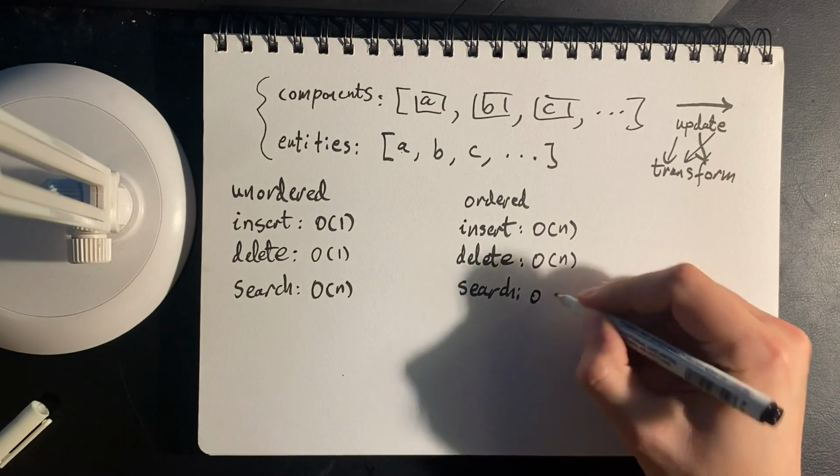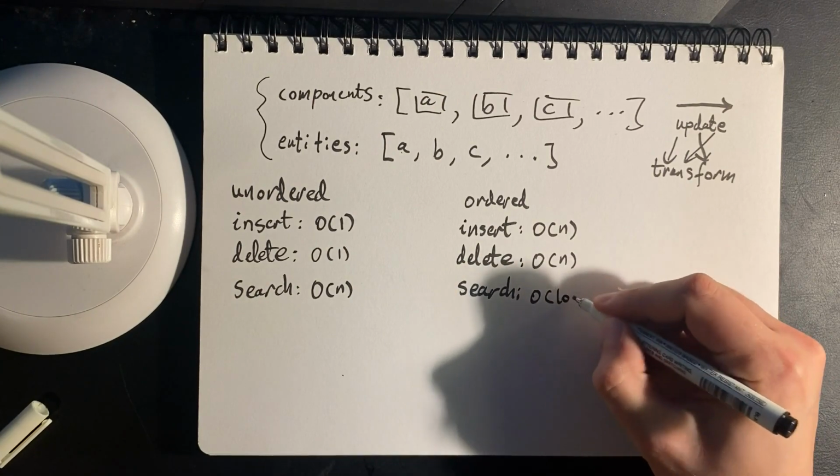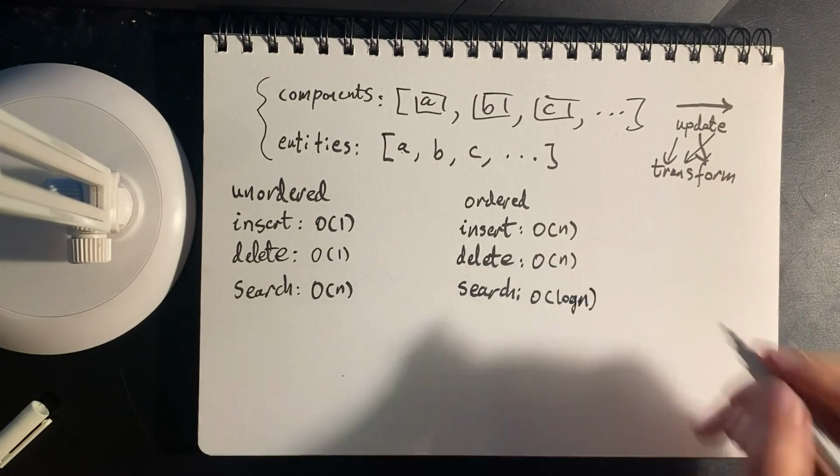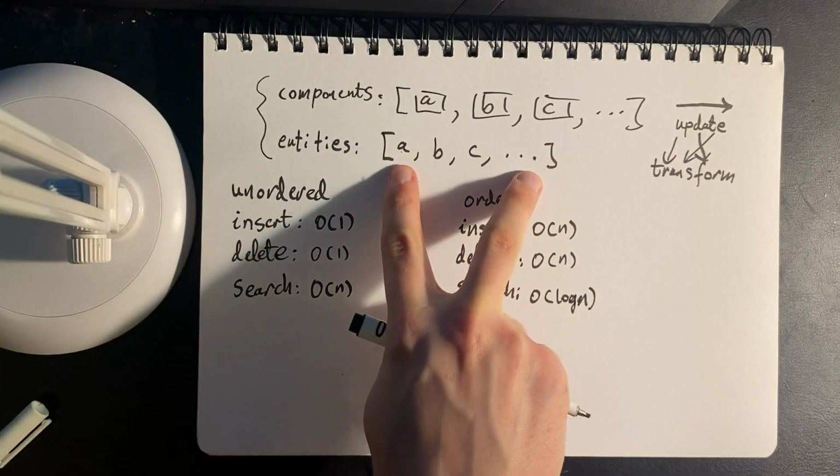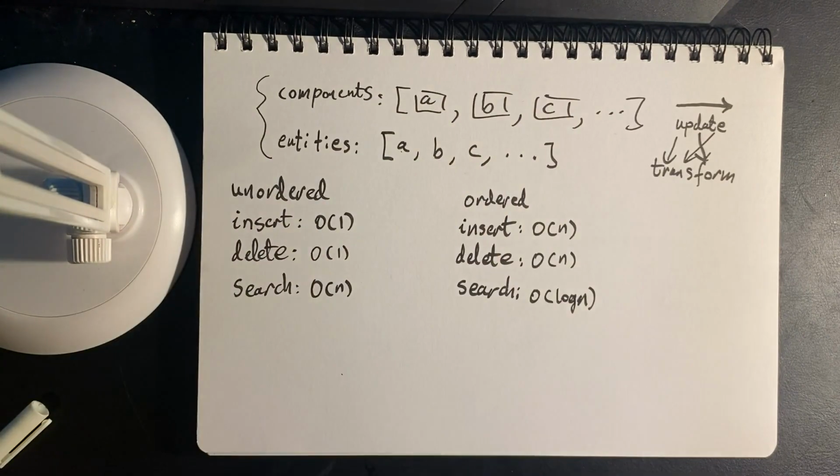We get one benefit, and that's that we can now use binary search to get a given component corresponding to a given entity. So here I say O(log n). If you're not familiar with math, what are you doing?